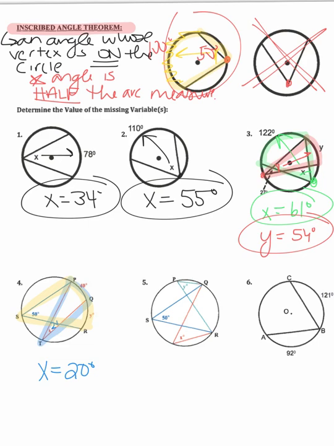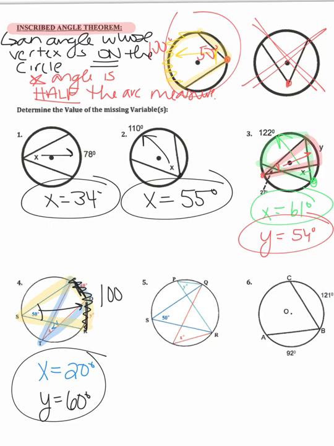I know my angle here is 50, so its corresponding arc, which is all of this, is 100. Because this sliver is 40, what's y's sliver going to be? 60. So y is 60 degrees.